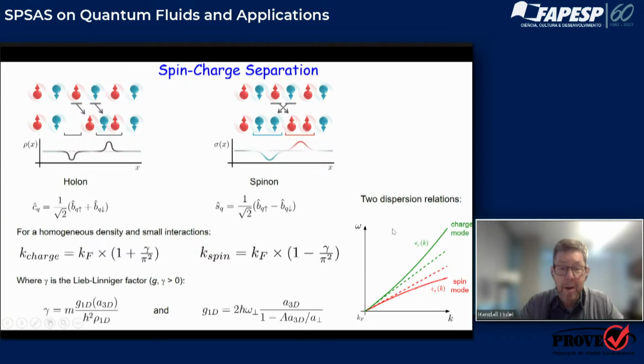Now, think about that for a moment, because this is a profound statement. It's saying, here I have some property of the electron, its spin and its charge, and that property of that point particle, in this collective one-dimensional setting, are moving at different speeds. So if the spin of the electron moves at one speed and the charge of the electron moves at another speed, it means that eventually they're no longer in the same place.